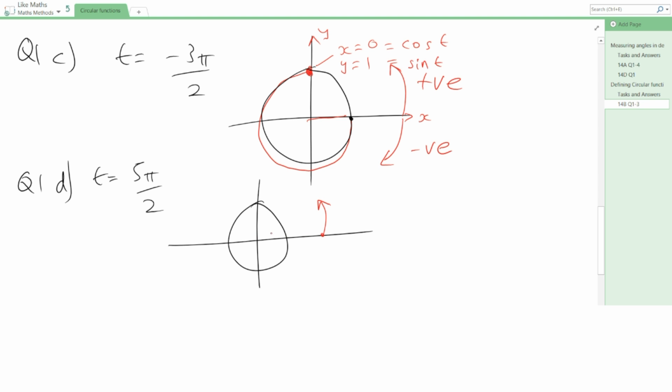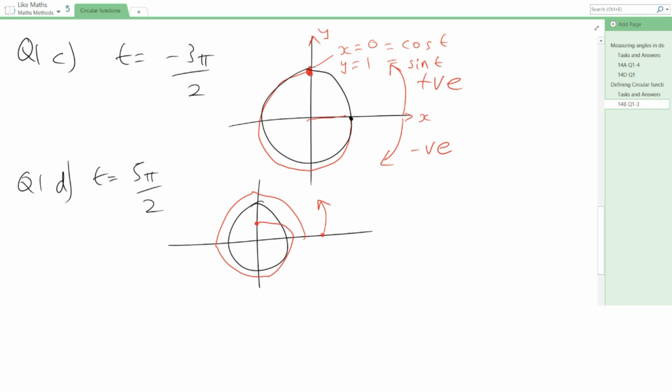We know that if you go that far around, it's going to be pi over 2. But this time we've got 5 pi over 2, so we're actually going to go around 5 quarters. So we're going to go 1, 2, 3, 4, 5 to there.